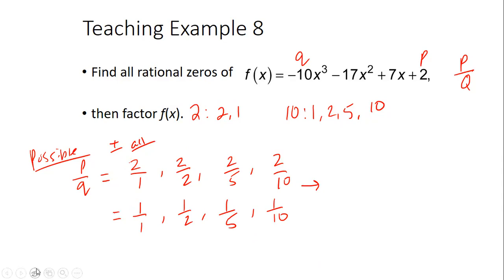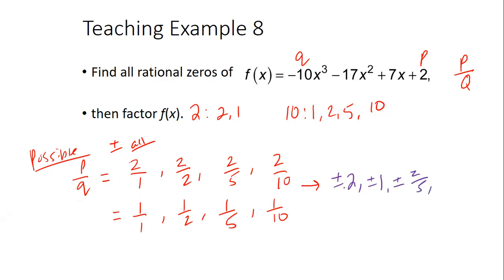Now we want to simplify and only write the simplified form. So 2 over 1 is 2, right? 2 over 2 is 1. 2/5, can I simplify that anymore?